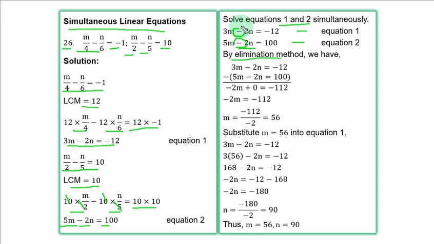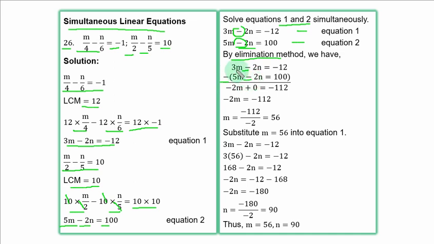By the method of elimination, you ensure that the variable you want to eliminate, the coefficients are the same in both equations. Secondly, you add when the signs are opposite, and you subtract when the signs are the same in both equations. So here I'm going to subtract because you have negative, negative.